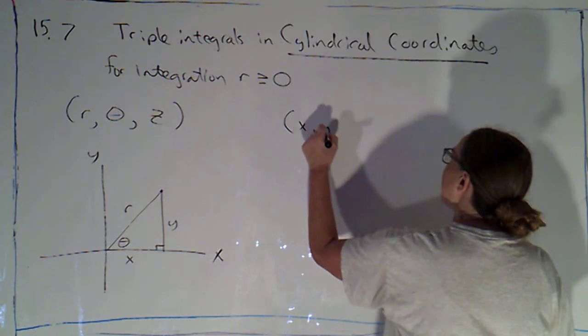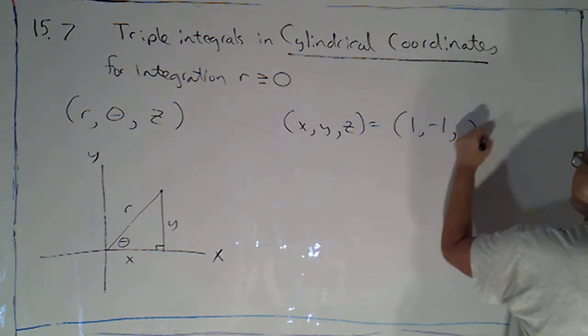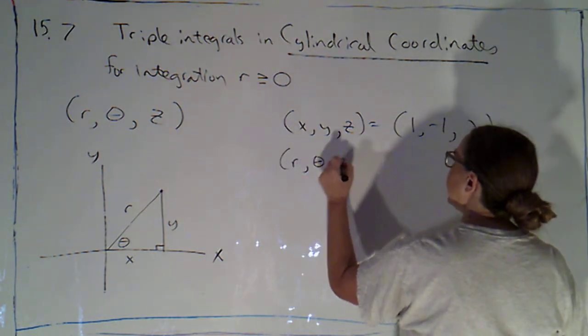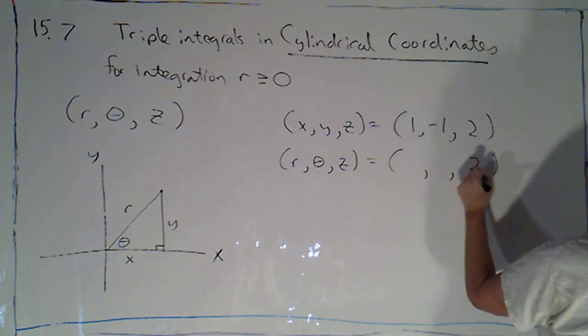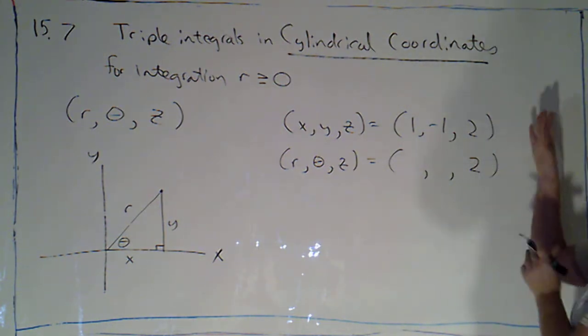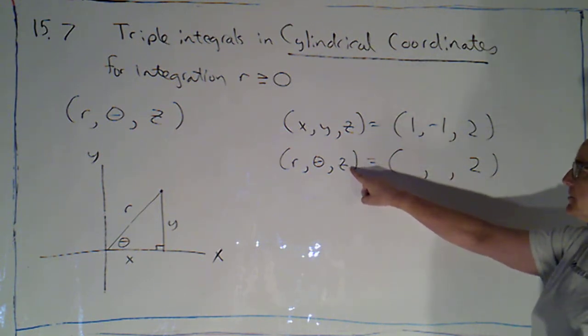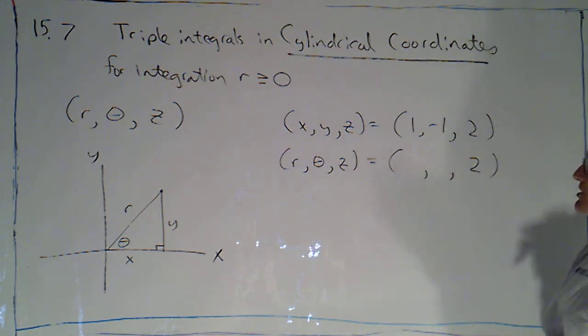So let's say that I had x, y, z is equal to 1, negative 1, 2. And I want to find r, theta, z. Z is 2. Z doesn't change. Z means exactly the same thing in cylindrical coordinates as it does in rectangular coordinates. What I have to do now is just figure out my r and my theta.